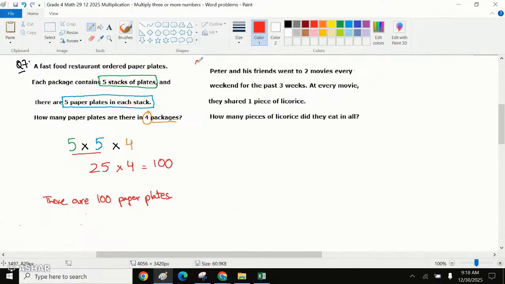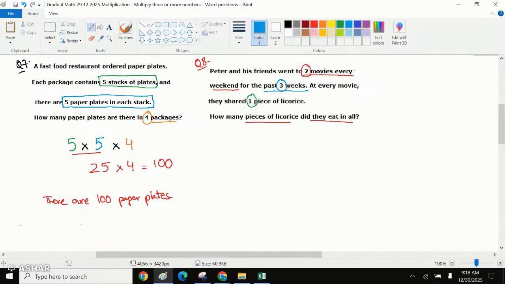Question number 8 says, Peter and his friends went to 2 movies every weekend, right? They've been going for 2 movies for the past 3 weeks. So we need to see how many movies they watched. At every movie, they shared 1 piece of licorice. So how many pieces of licorice did they eat in all?